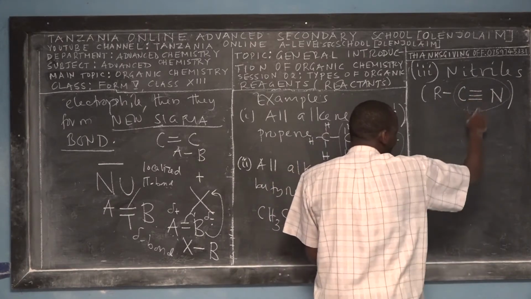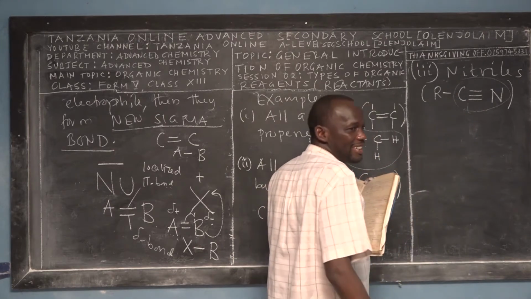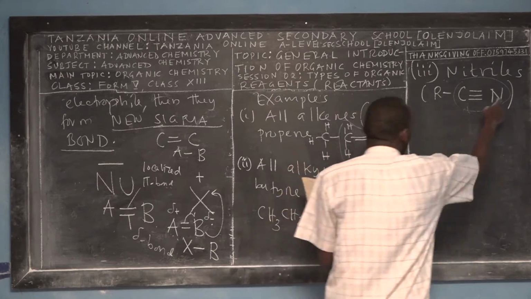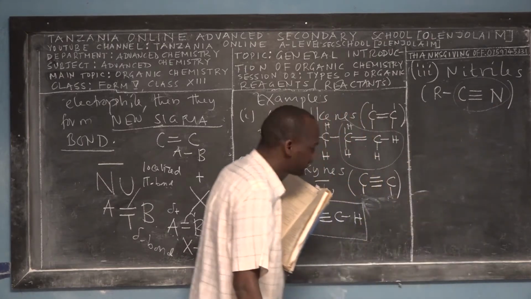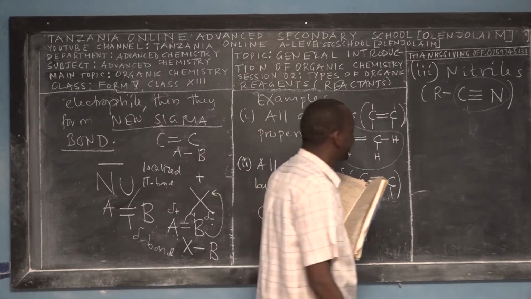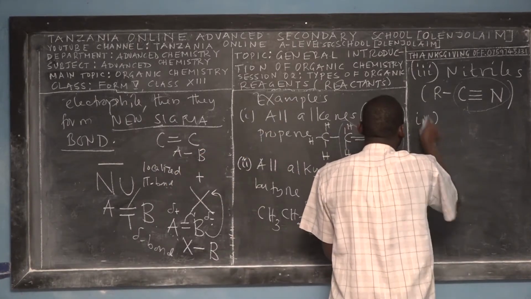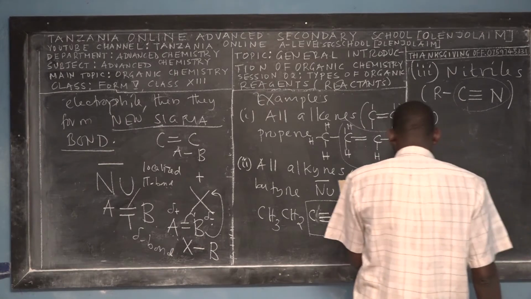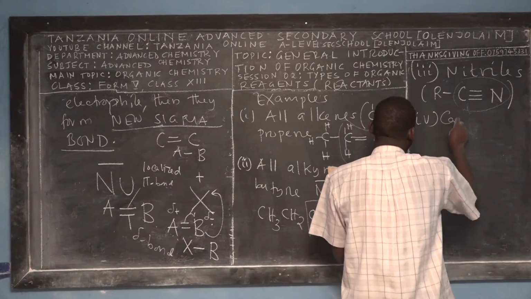Another homework again. How many pi bonds do we have there and how many sigma bonds? And why? Because these are unlike atoms. These are like atoms. That's a factor in chemistry. Okay? The first example is carbonyl compounds.